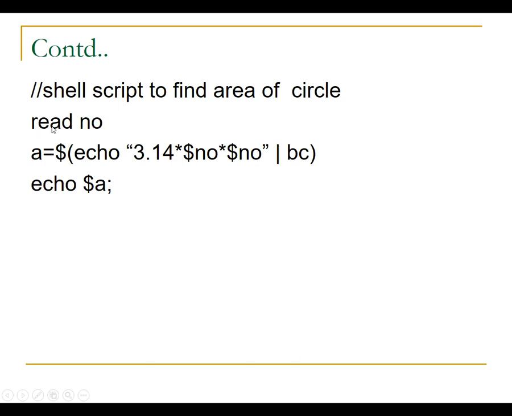It's just like a scanf statement of programming in C. Number two is this pipeline operator for concatenating the left hand side and right hand side. And number three is the use of the bc command for executing such type of mathematical manipulation. So these are the new things that we have to learn in this particular shell script.